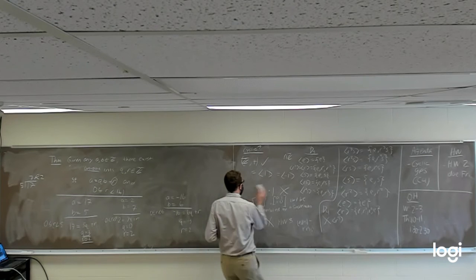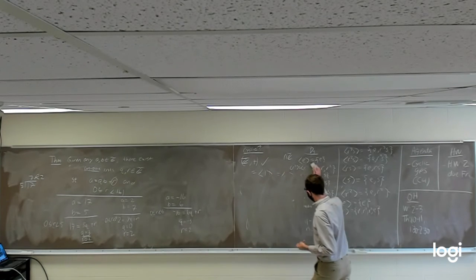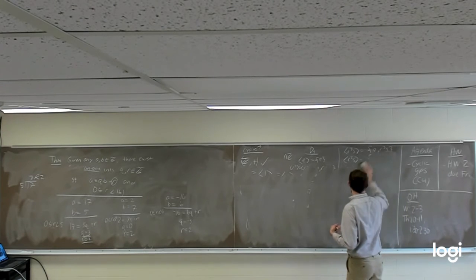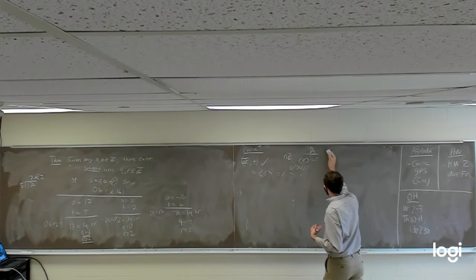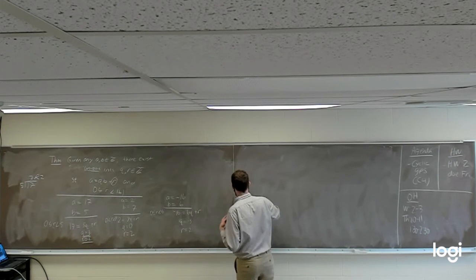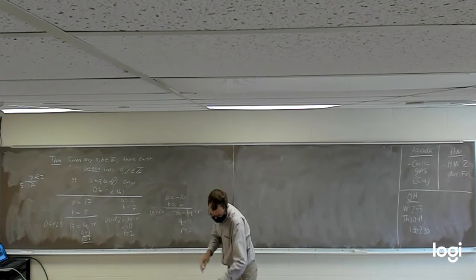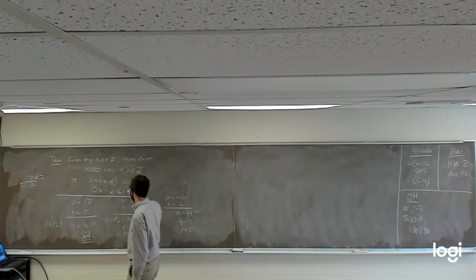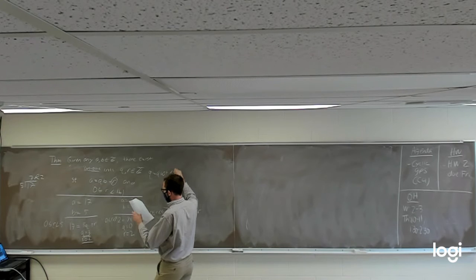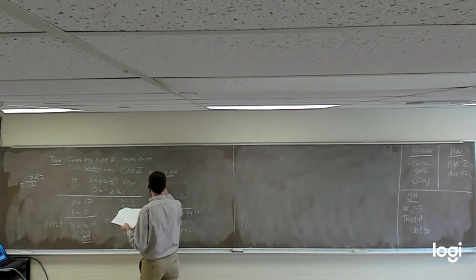So here's our new binary operation. Q we're going to call the quotient. Oh, I forgot I put that in actually in the packet. R is the remainder.